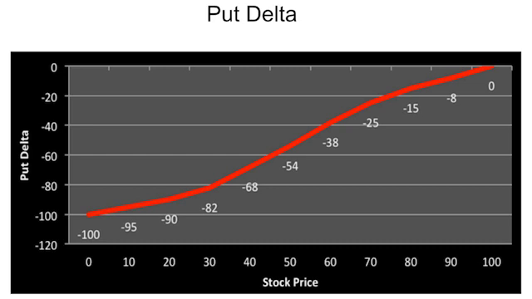Sometimes it's difficult to grasp the negative delta of a put, but think of it this way. If you were short stock, you would make a profit if the stock went down. That happens because owning a put gives you the right to sell stock at a certain price. The put increases when the underlying stock price decreases.